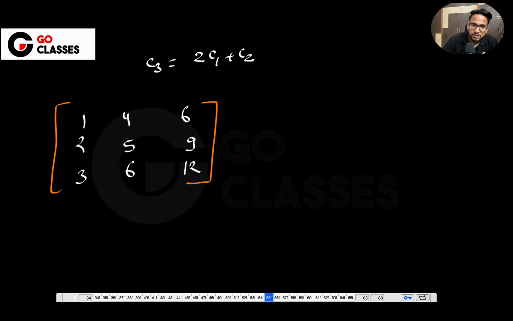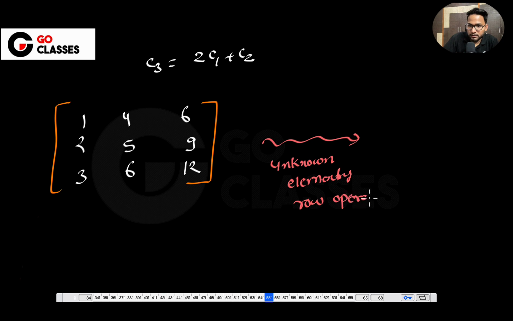Now suppose, as a hypothetical question, and we can actually frame such a question in the weekly quiz also. Suppose they say that because of unknown elementary row operations, you get something like this. Let's suppose I'm writing some random numbers.